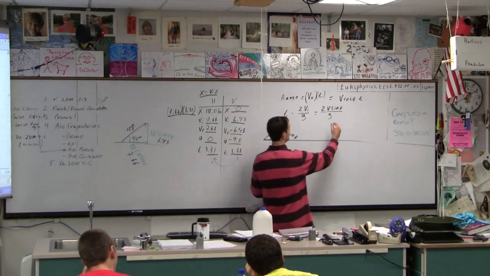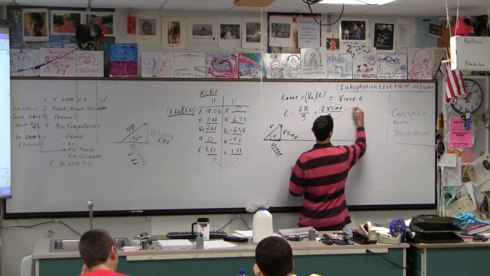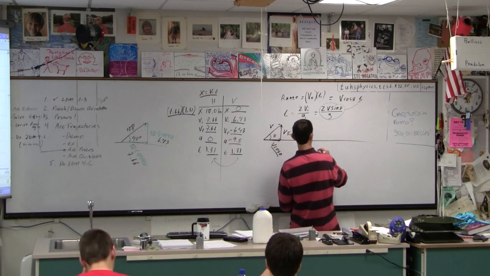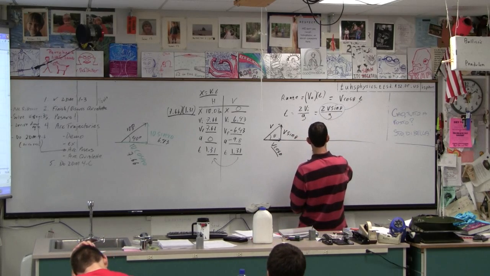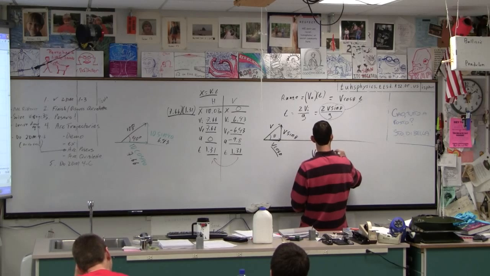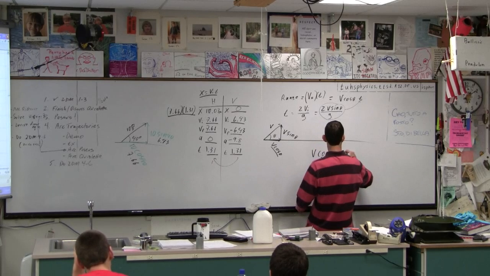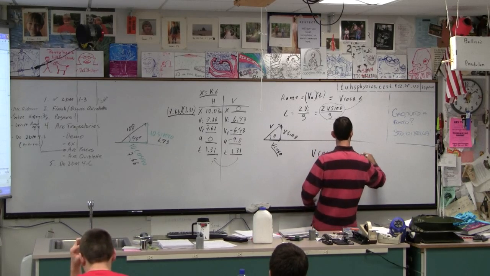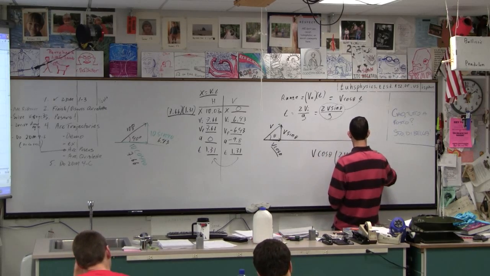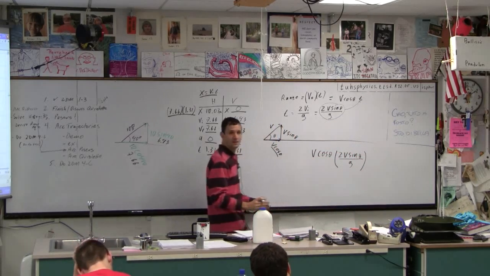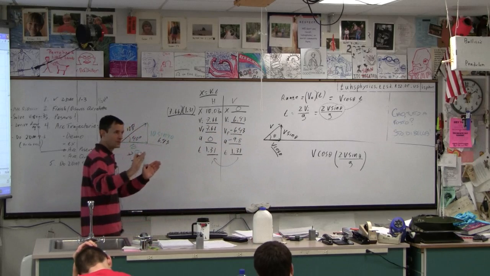So all I'm going to do is take this and stuff it in right there. Cos theta times 2v sine theta over g. And we have our formula, but we're going to make it look cooler than that.